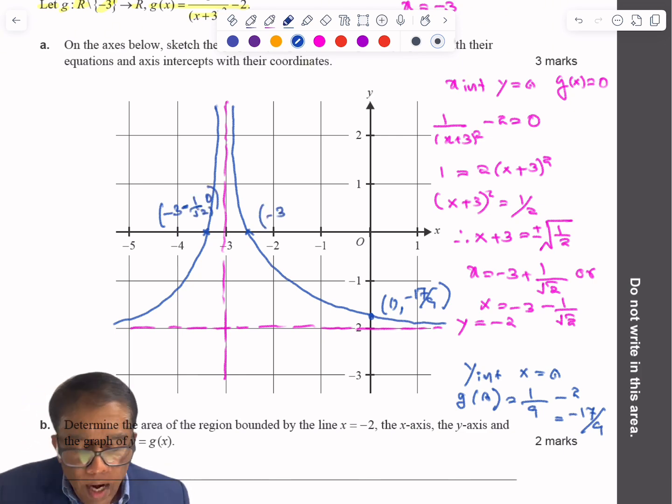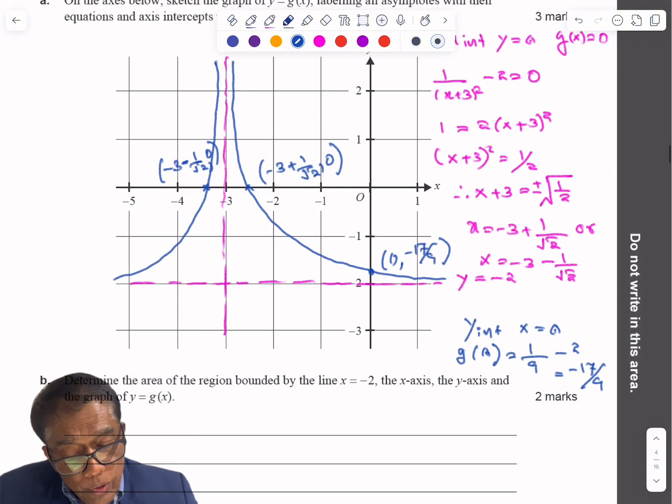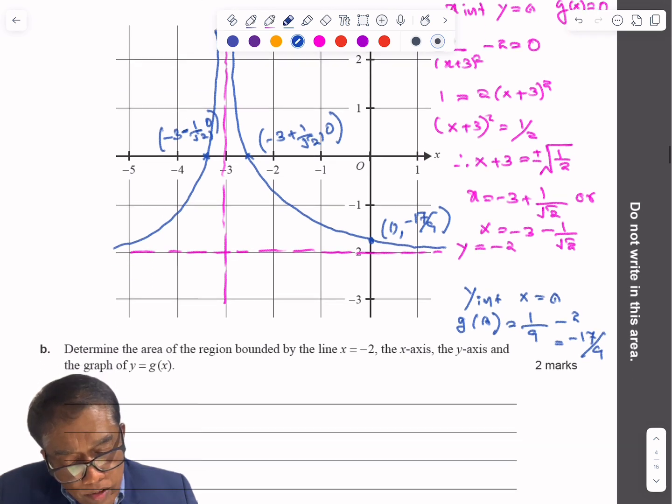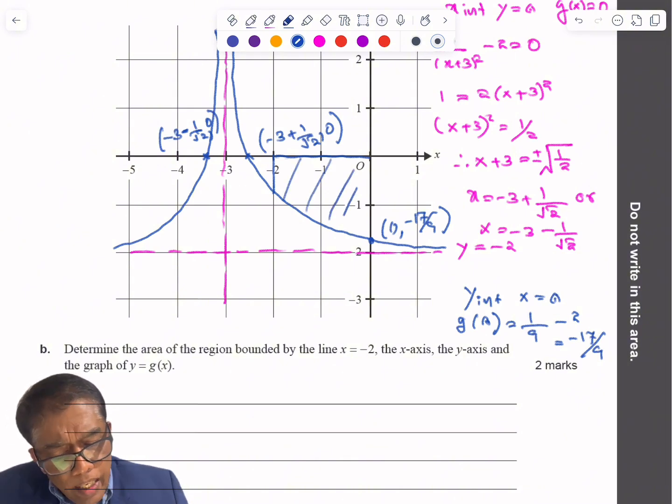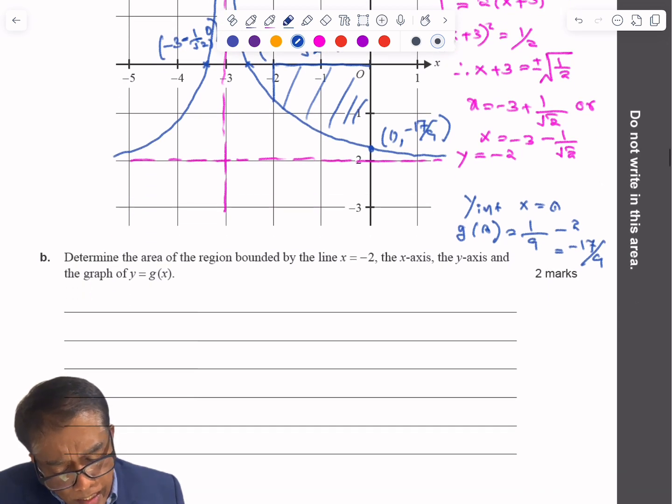The second part, part B: determine the area of the region bounded by x is equal to negative 2, the x-axis, the y-axis and the graph, this area. The area is given by the integration.